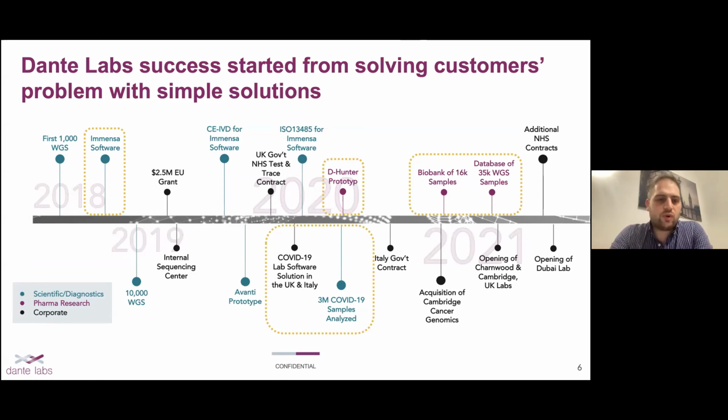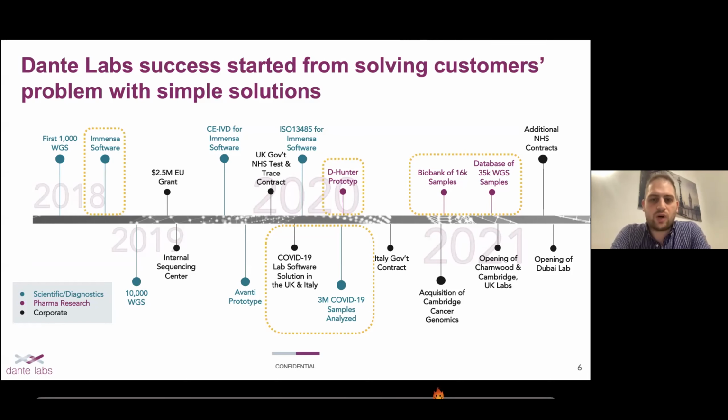Dante Labs was founded in 2018 when two co-founders, one with a strong scientific background and one with a strong business background, met in New York and decided to launch something new into the e-commerce market, which was genetic testing.